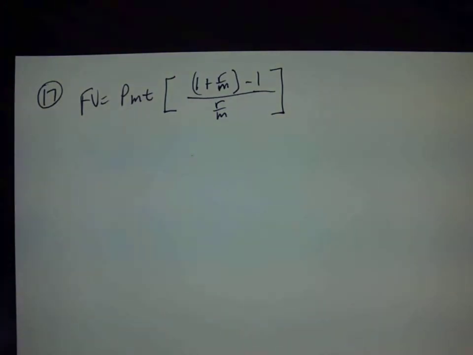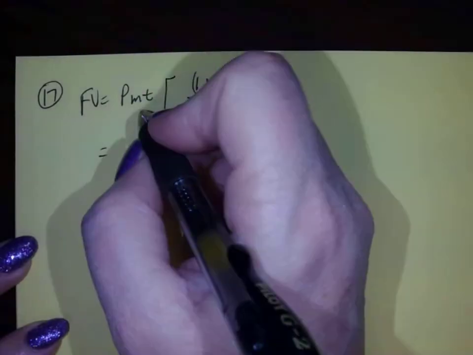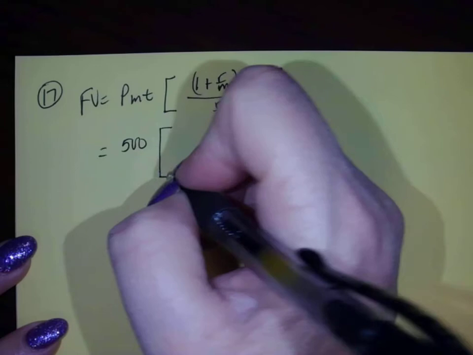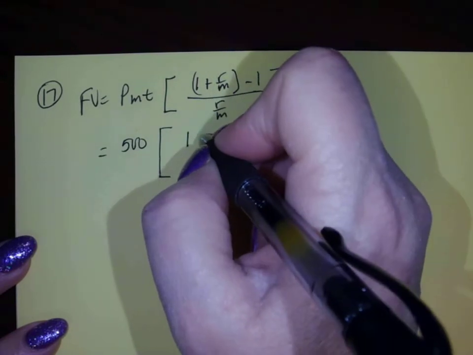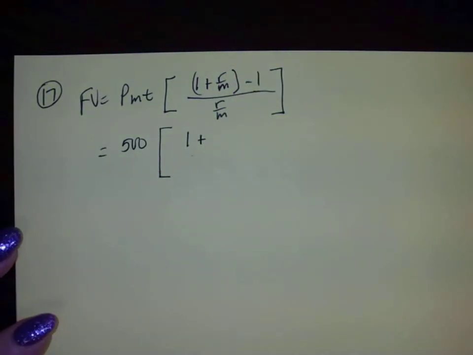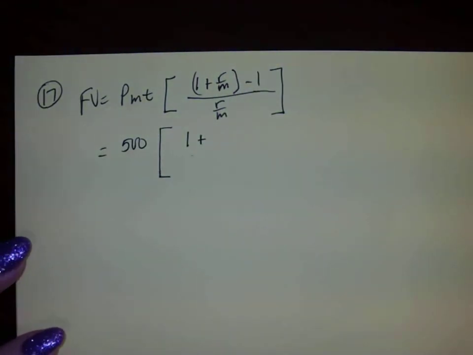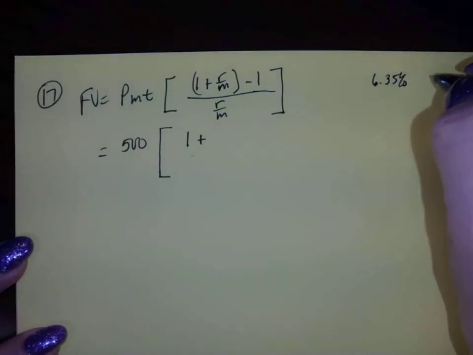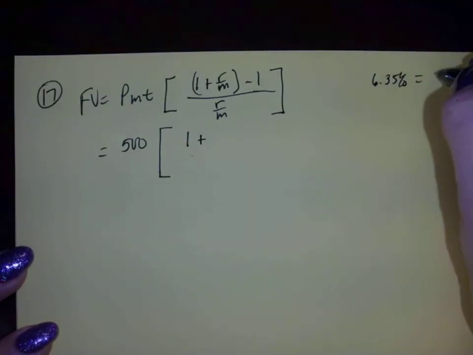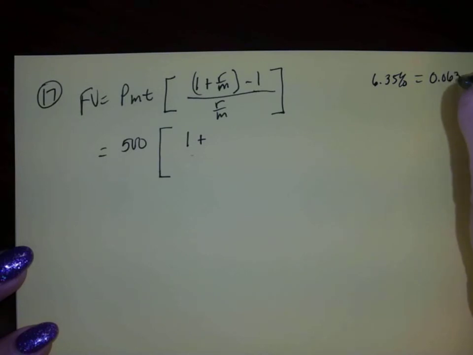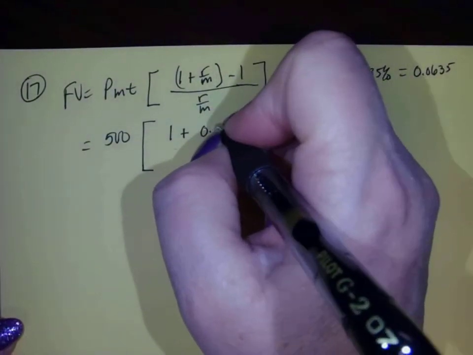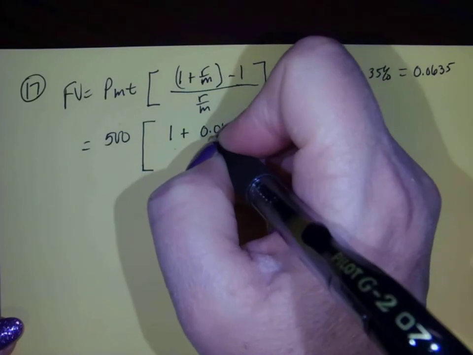So now we're going to plug in all the values that we know. We were told that we were making a $500 payment each month. And then we have 1 plus the rate that we were given, which was 6.35%. Changing that to a decimal, it becomes 0.0635.